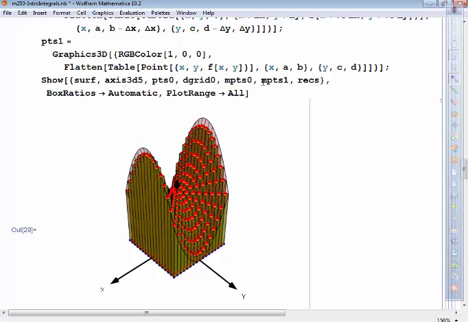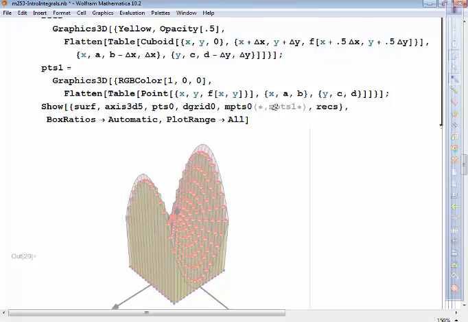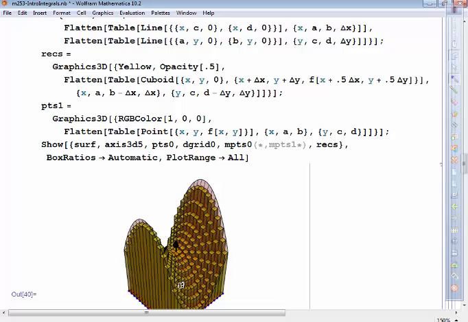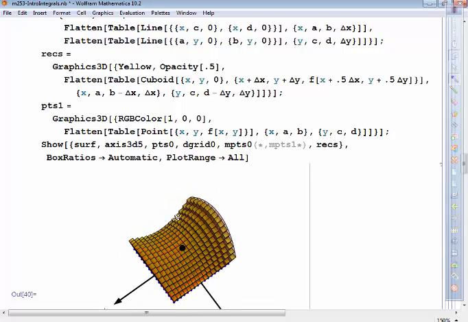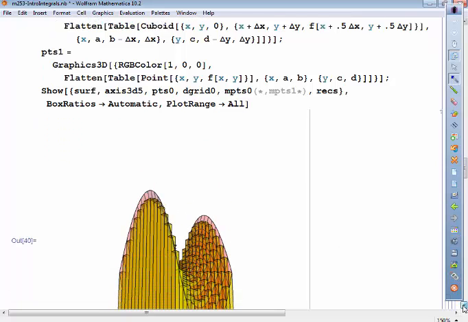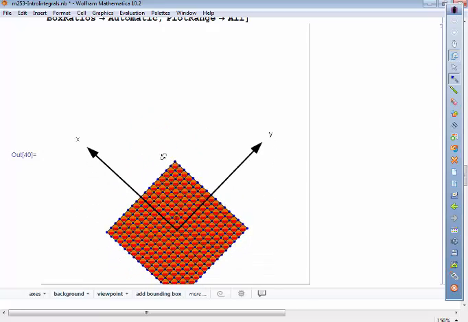Maybe I should get rid of some of the points. So you can see the points below. I guess I have to look at it from underneath. Oh, yeah, they look like points.